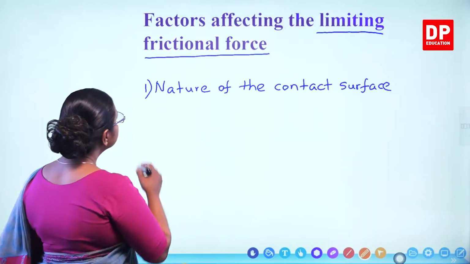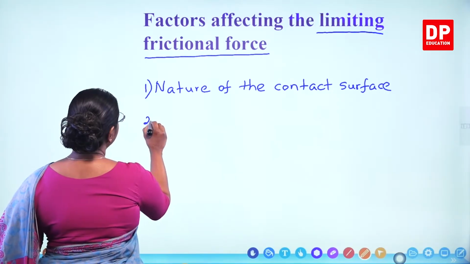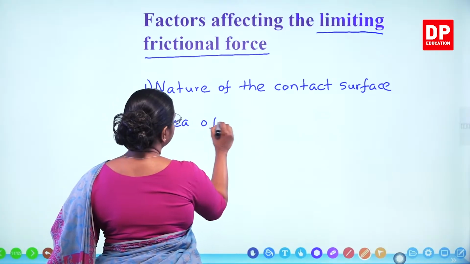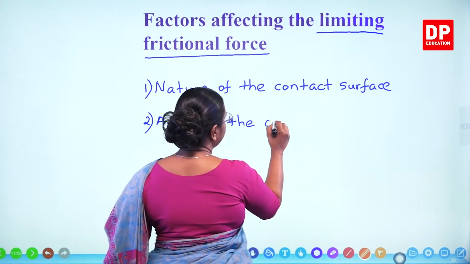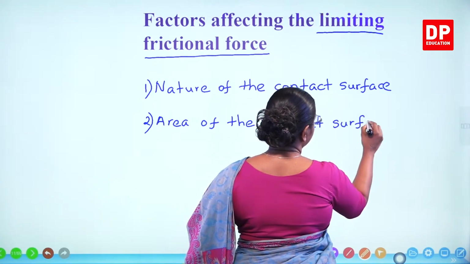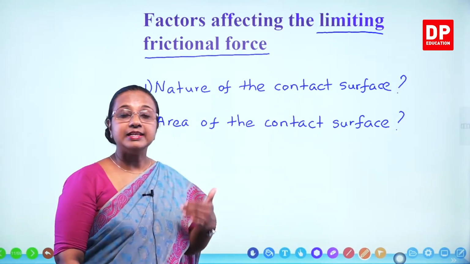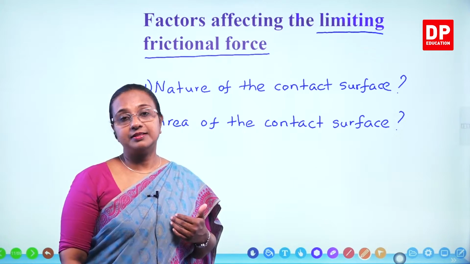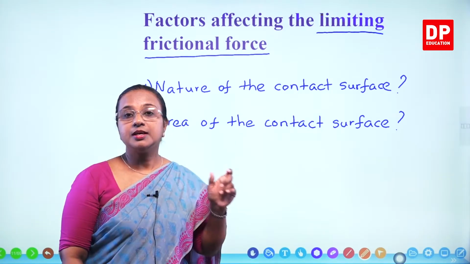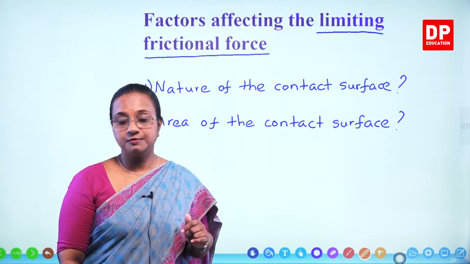So that is the second factor we need to check. So here I will write down area of the contact surface. So now I am writing down the factors that can possibly affect the limiting frictional force. We are not concluding that all these factors affect the frictional force.